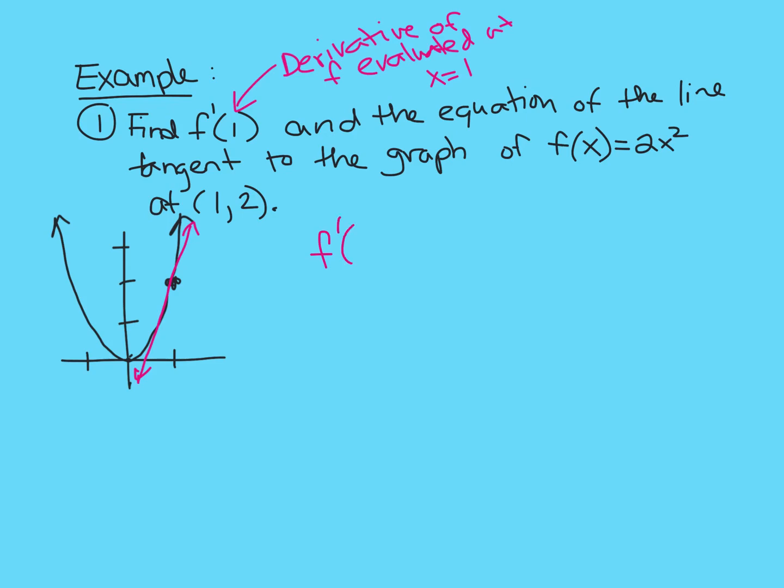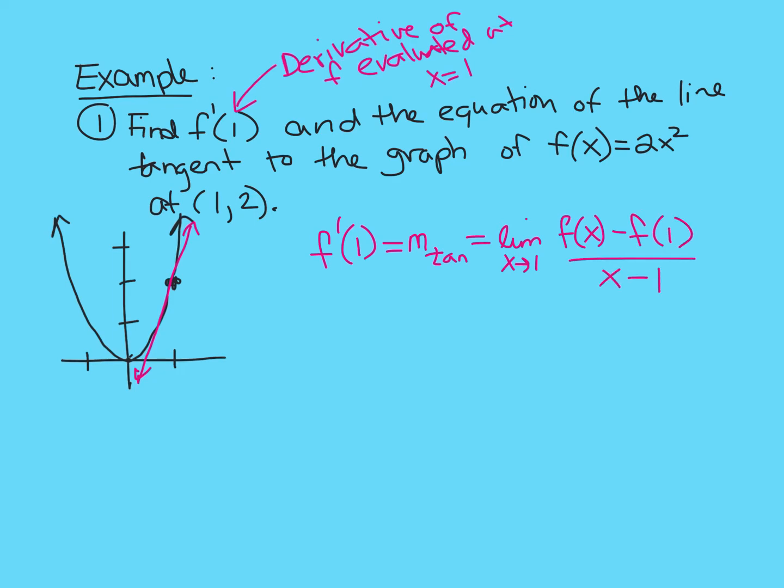So remember that f prime of 1 is going to be the same thing as the slope of the tangent line at x equals 1. So we have that formula from the previous slide. And then we find that by doing the limit as x approaches 1 of f of x minus f of 1 over x minus 1.